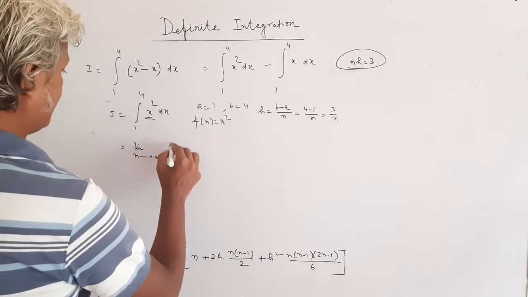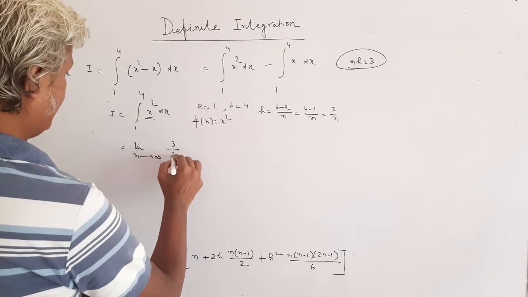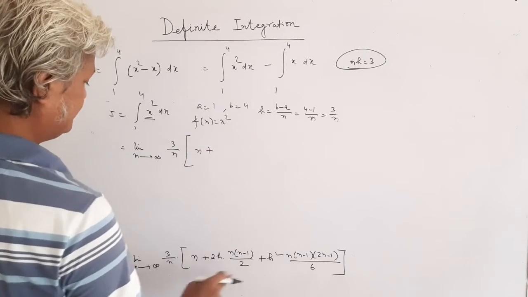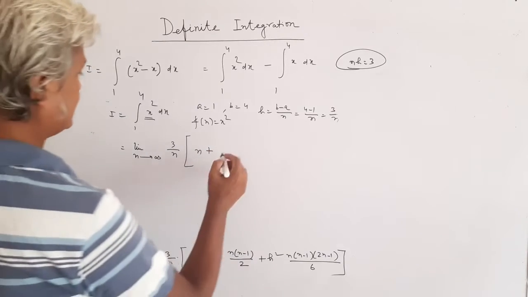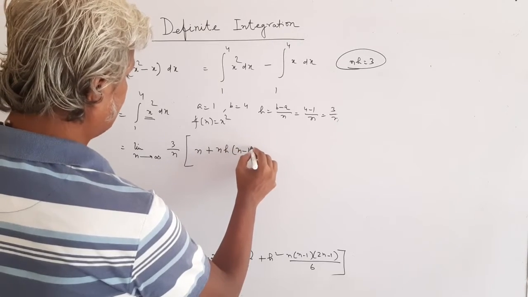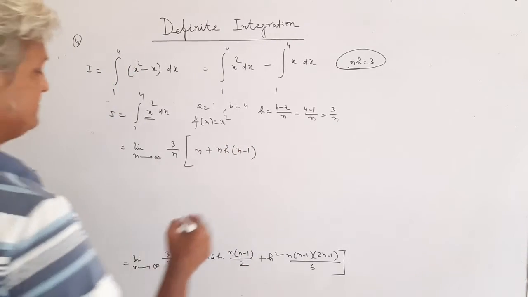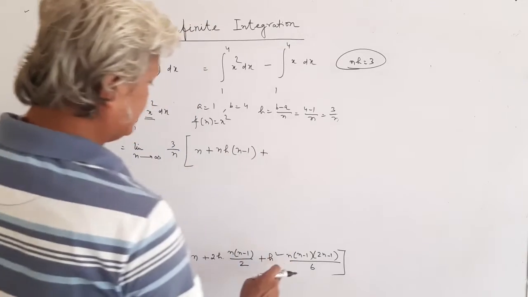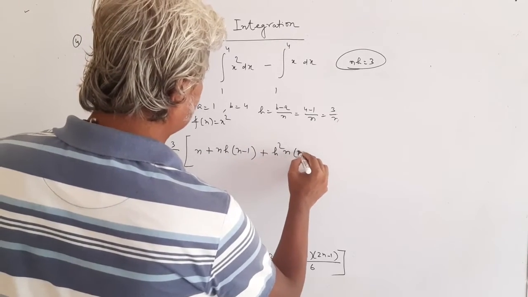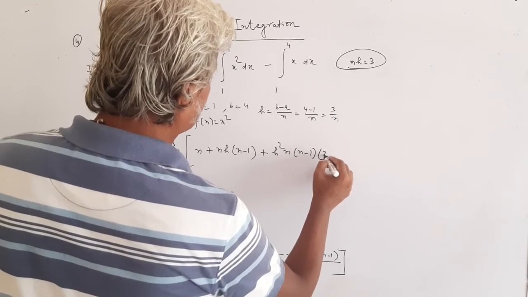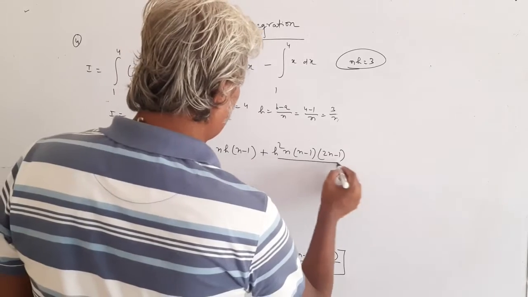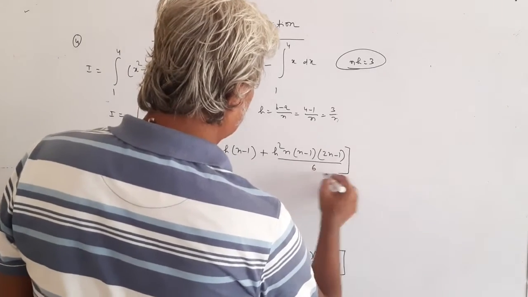So I write it first properly, then I'll discuss: 3 over n times, plus, 2 and 2 cancel, you can cancel. So this is nh (n minus 1) plus h square n(n minus 1)(2n minus 1) upon 6.